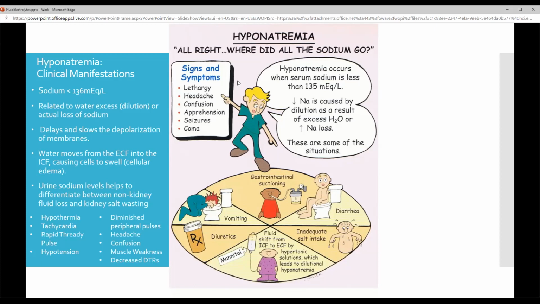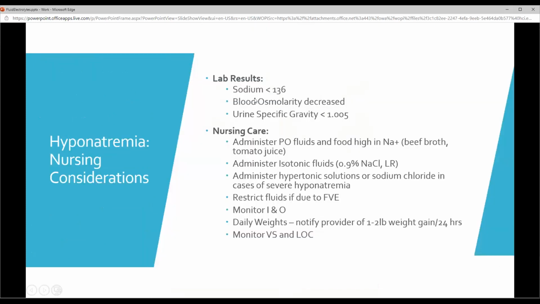Again, sodium, cerebral edema, you're going to be monitoring neuro, because if you look at these signs and symptoms right here, they're darn near the same for both hypo and hypernatremia. The only difference is body temperature. Labs, I mean, they're right here, less than 136 according to ATI. Your osmolarity is going to be low. Urine specific gravity is going to be low.